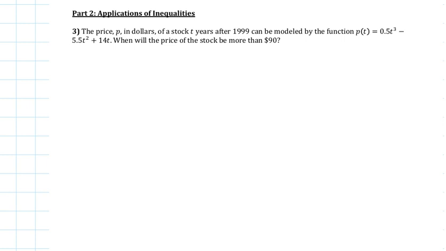So what I have here is my function, 0.5T cubed minus 5.5T squared plus 14T is greater than 90. That's what the question is asking for. Bring the 90 over, so you have 0.5T cubed minus 5.5T squared plus 14T minus 90 is greater than 0. Now, I can factor a 0.5 out.